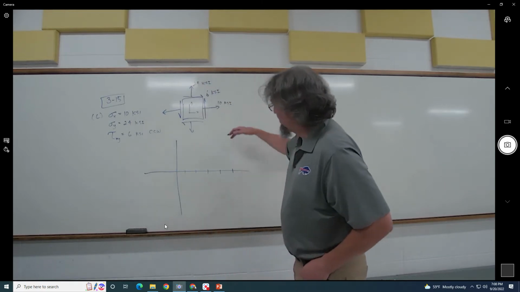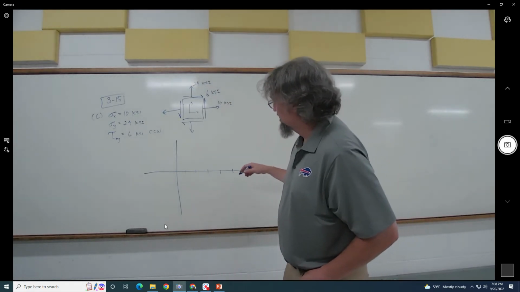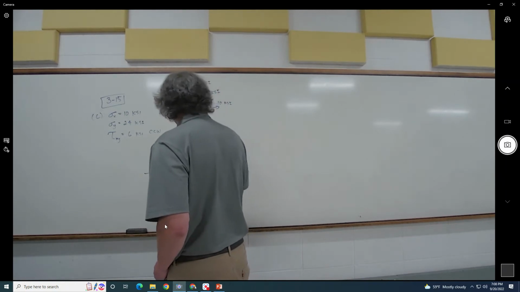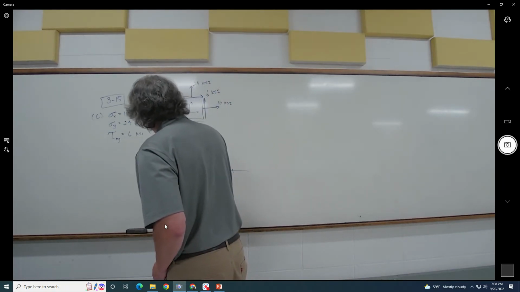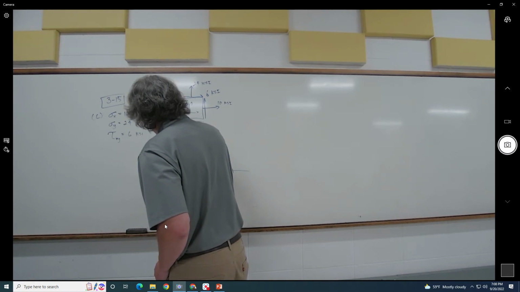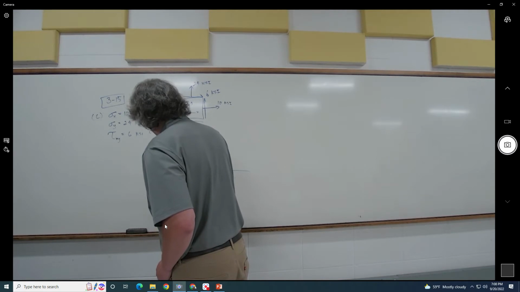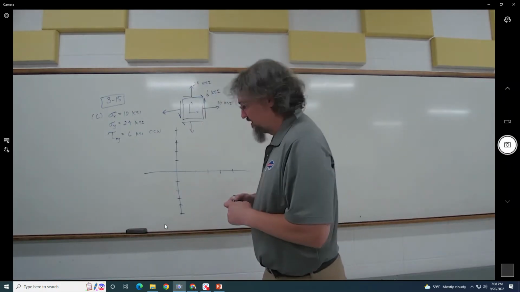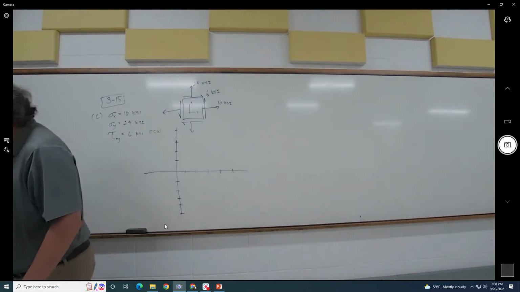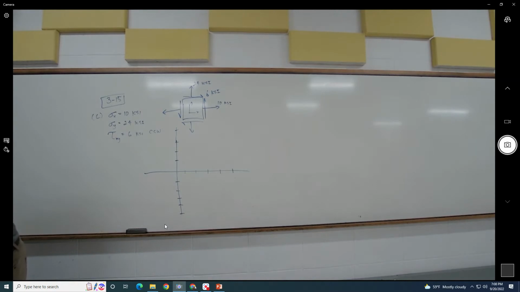I might have exceeded it too large, and I didn't do a great job of keeping those incrementally bigger. All right. My first thing is to always plot out the points when I'm making a Mohr's circle this way.